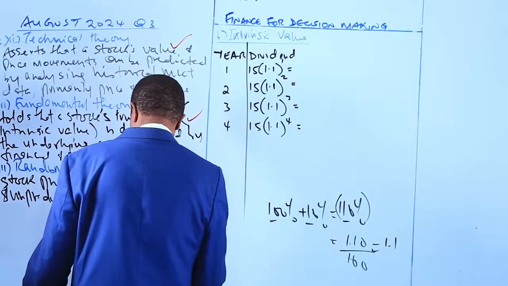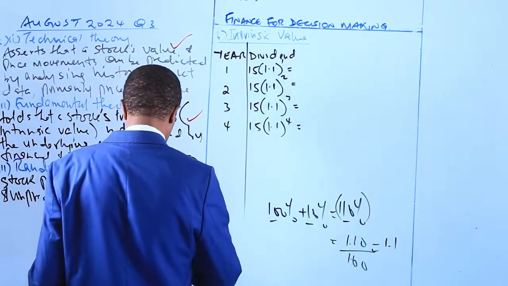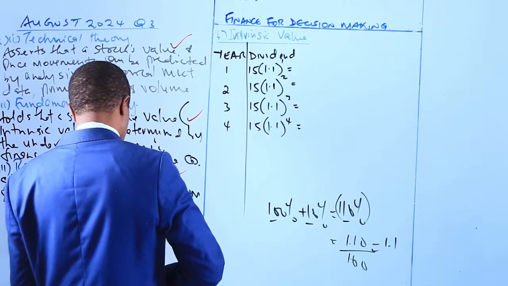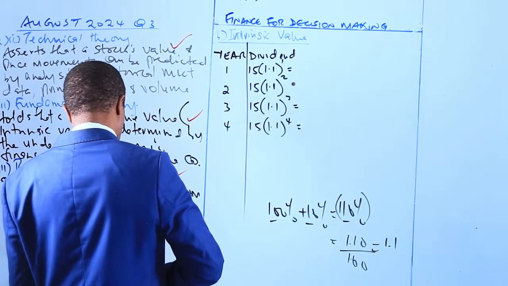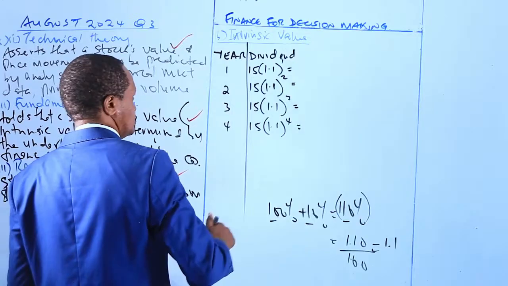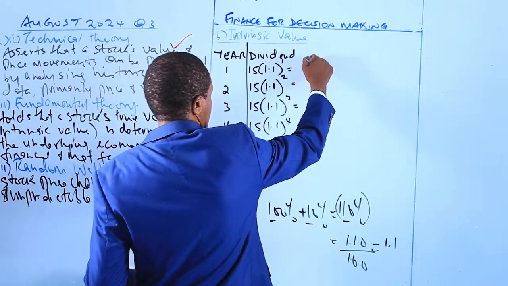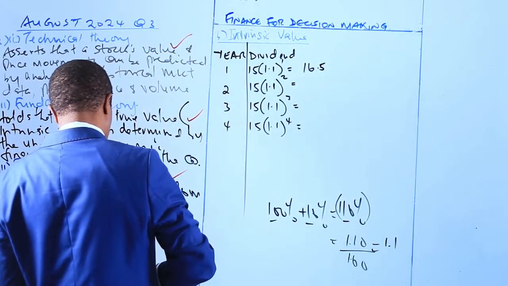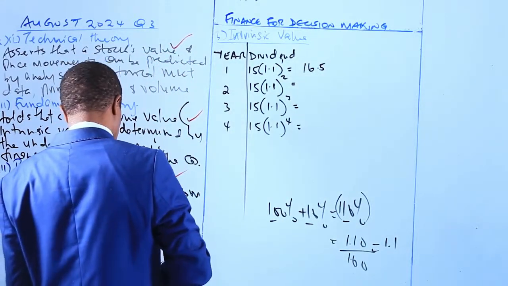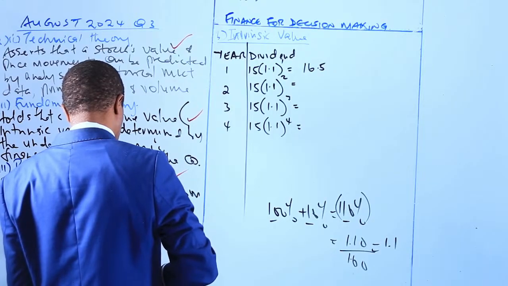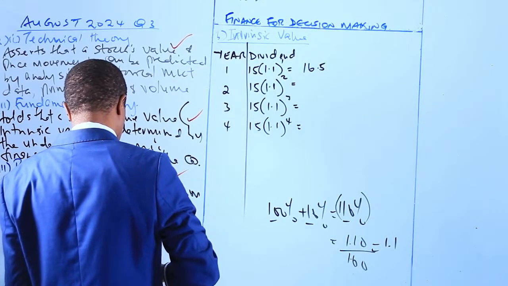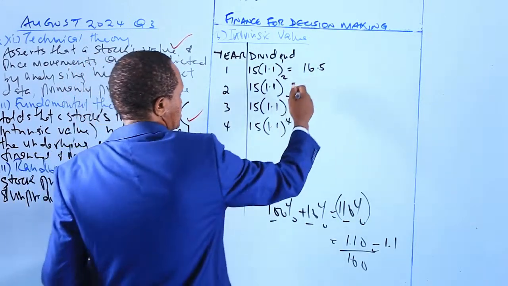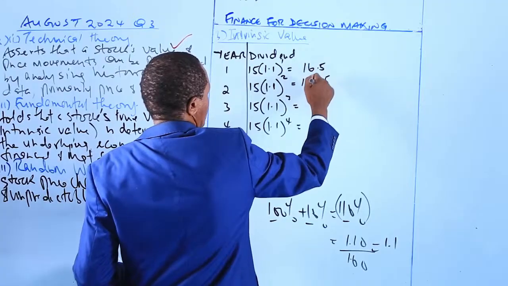So I'll take my calculator and grow the dividend. That will be 15 times 1.1. I'm getting here 16.5. Then I have 15 times 1.1 raised to 2. 18.15.